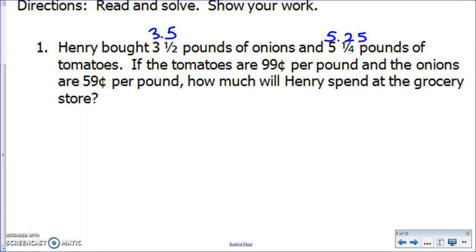Next, we're going to start with the onions. We have 3.5 pounds of onions, and they're 59 cents per pound. So when we go to write that, we're going to write 0.59 because we're going to put it in dollars. So we're going to do 3.5 times 59 hundredths.